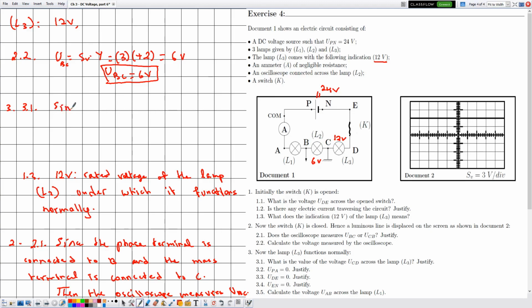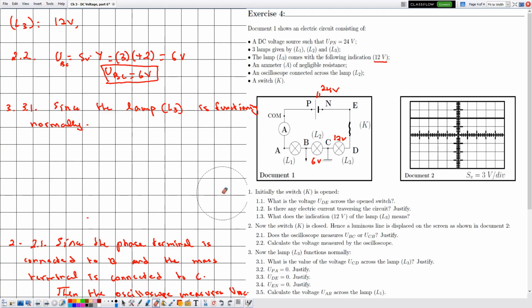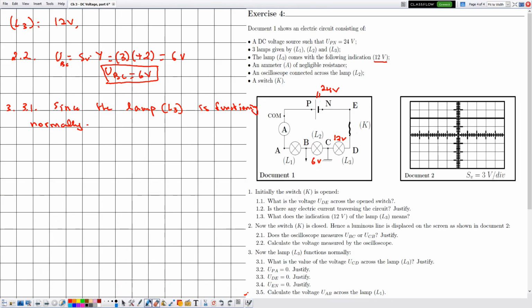Since the lamp L3 is functioning normally, then the applied voltage is equal to the rated voltage. So UCD is equal to 12 volts.